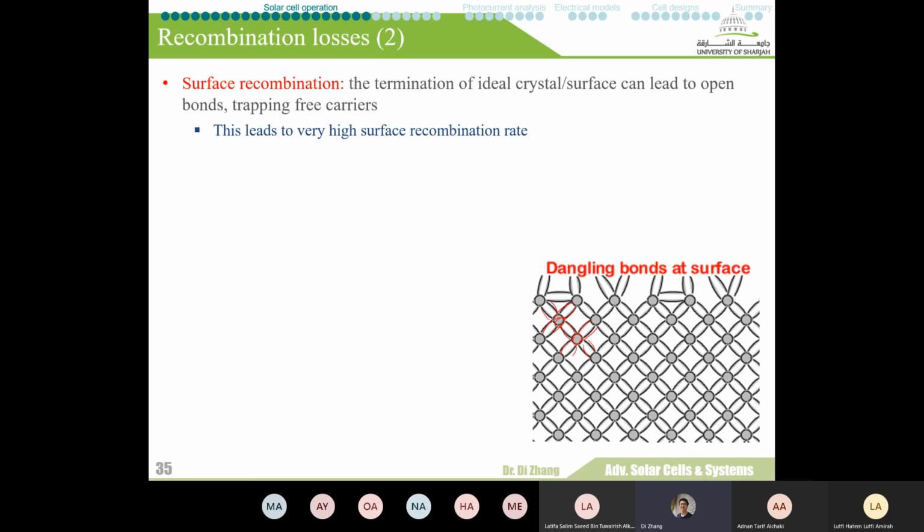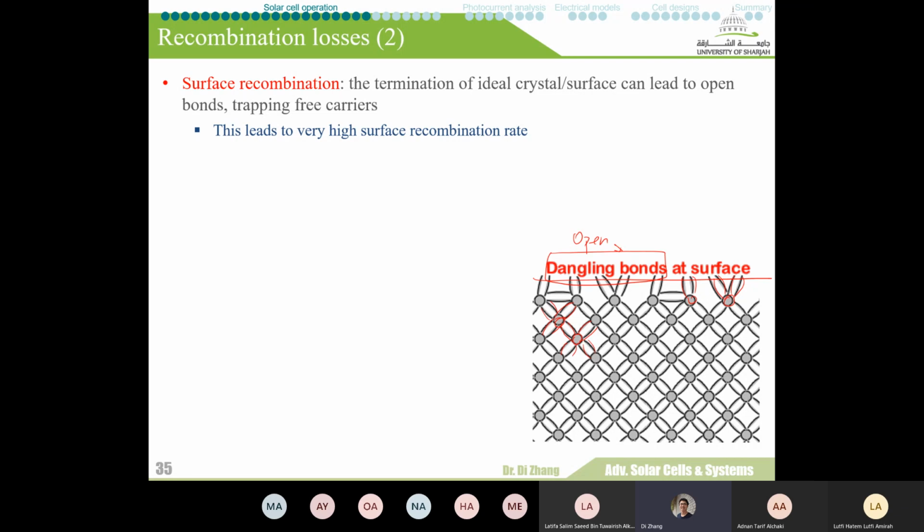They always have a bonding partner. But near the material surface, because you cut off the surface suddenly, some of the covalent bonds don't have a bonding partner, and therefore you have the so-called dangling bonds, or sometimes we call them open bonds.